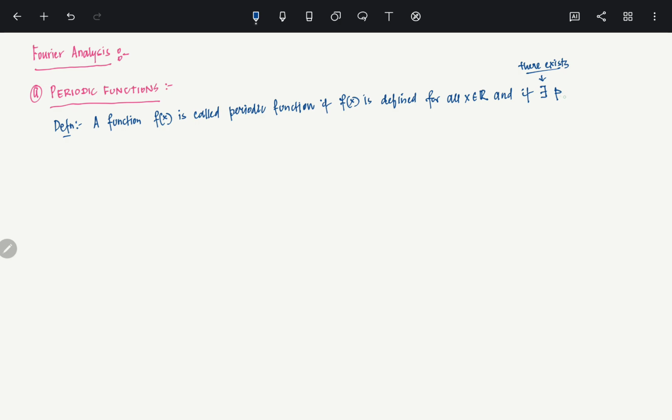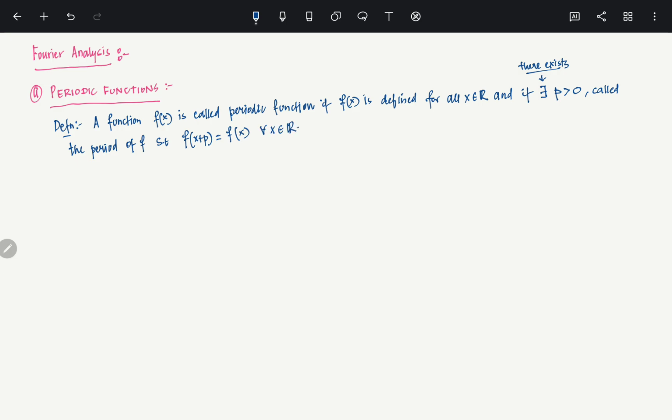We'll call this the period of the function, and this has to be strictly positive, such that f of x plus p equals f of x. This should hold for all x in R.